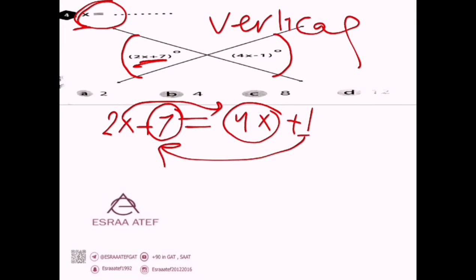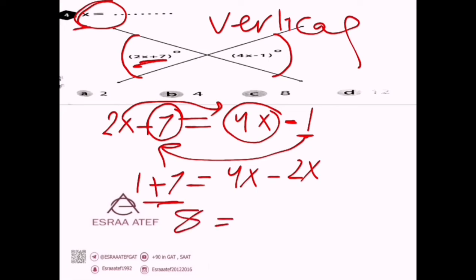So the 1 here is negative, and if I take it to the other side it will be positive. So 1 plus 7 is 8, and 4x minus 2x is 2x. To get x, I will divide by 2, so x equals 4.